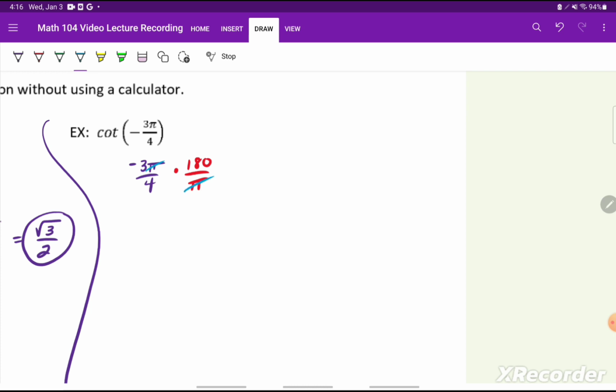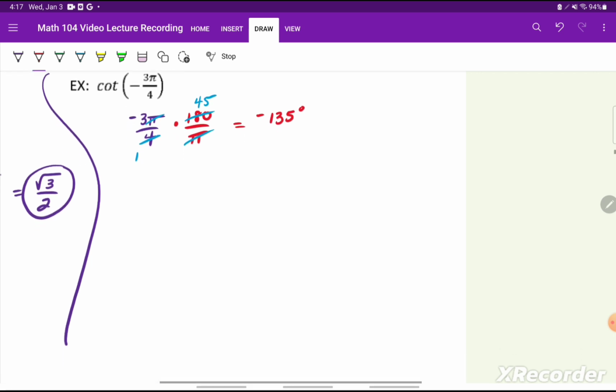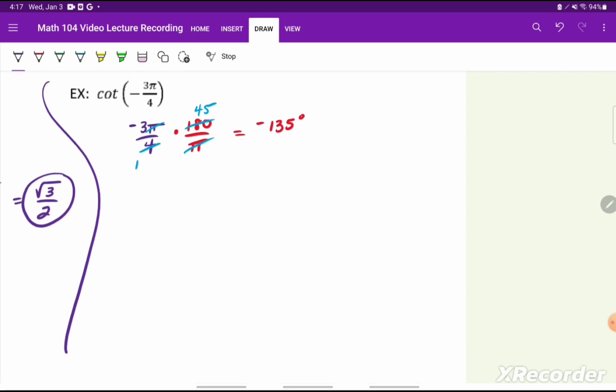I can simplify the 4 and the 180. 4 goes in here once. 4 goes in here 45 times. So now when we multiply straight across, it's going to be negative 3 times 45, negative 135 degrees.